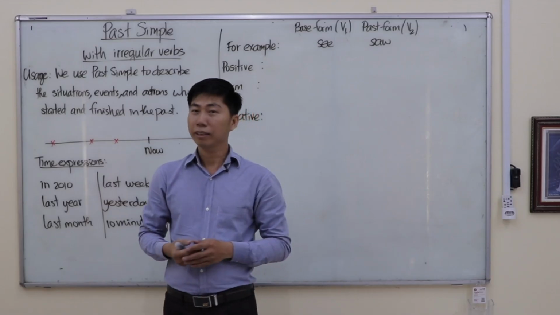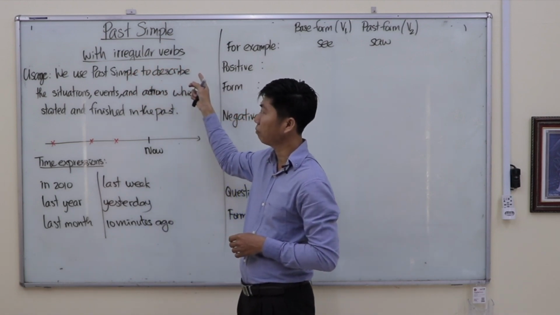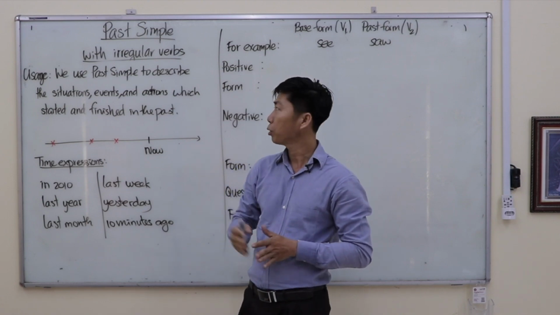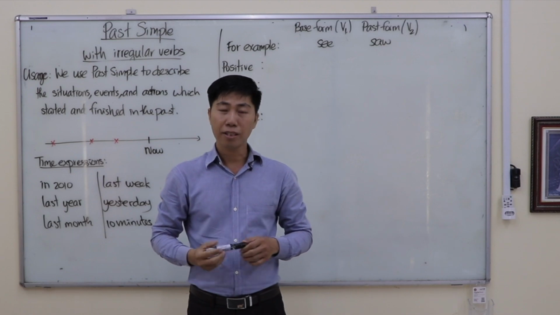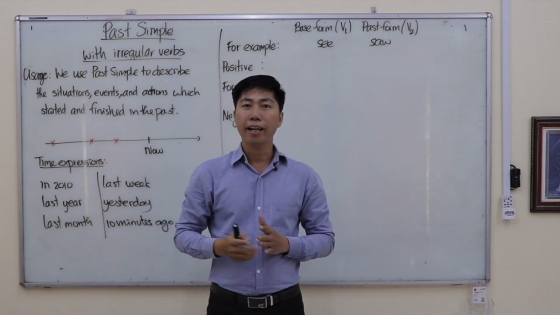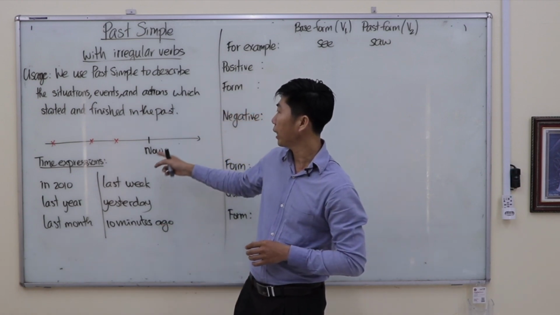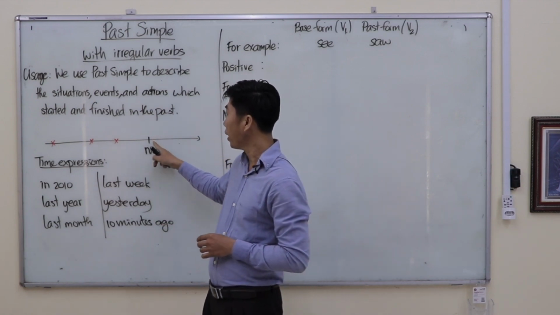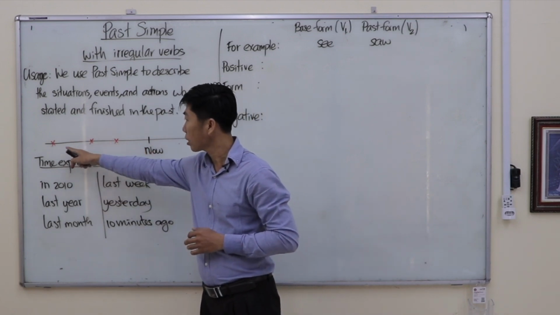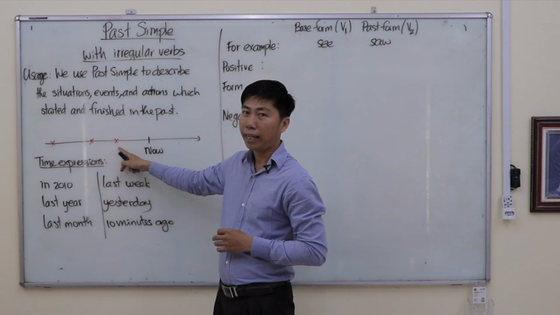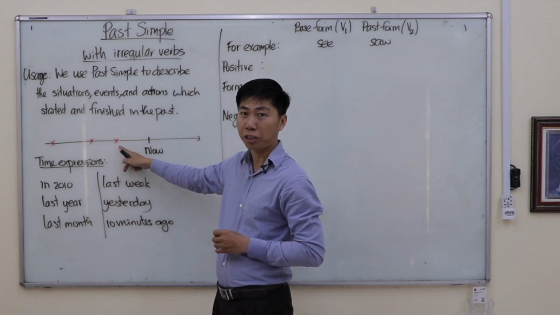Okay, let's start. Today we study past simple with irregular verbs. We use past simple to describe situations, events, and actions which started and finished in the past. Take a look at the timeline. Now we are here, and the axis on the timeline refers to activities which happened in the past and completely finished.